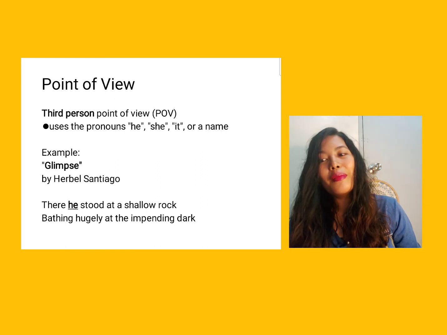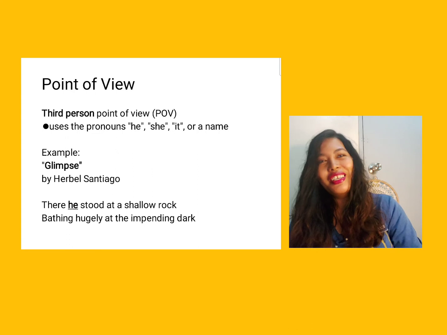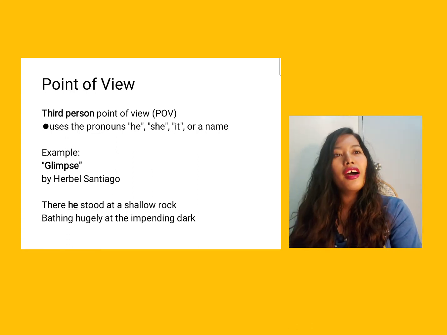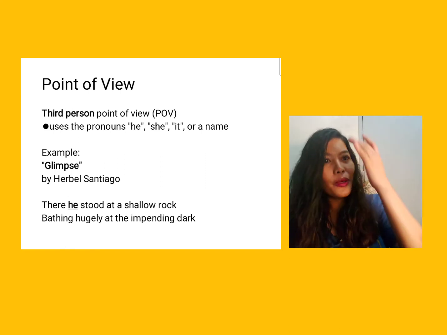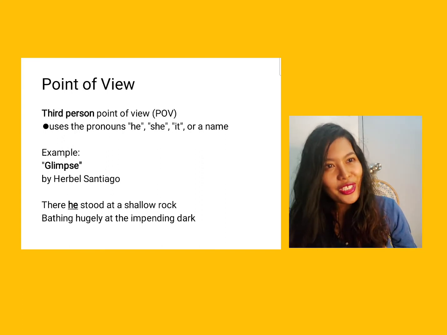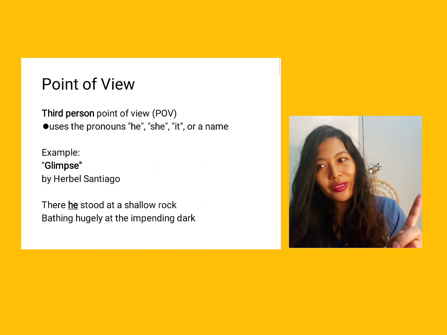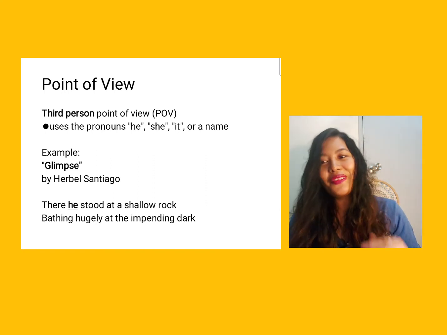Obviously, this one is a love poem, and we see a person looking at another person, observing another person that person adores, right? So there he stood at a shallow rock, bathing hugely at the impending dark.